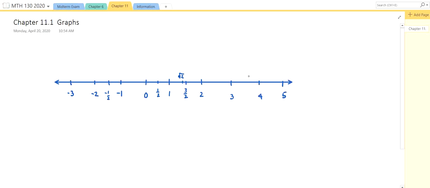We had numbers like pi, 3.14, so on and so forth. And all these numbers made up the set of numbers we call real numbers.